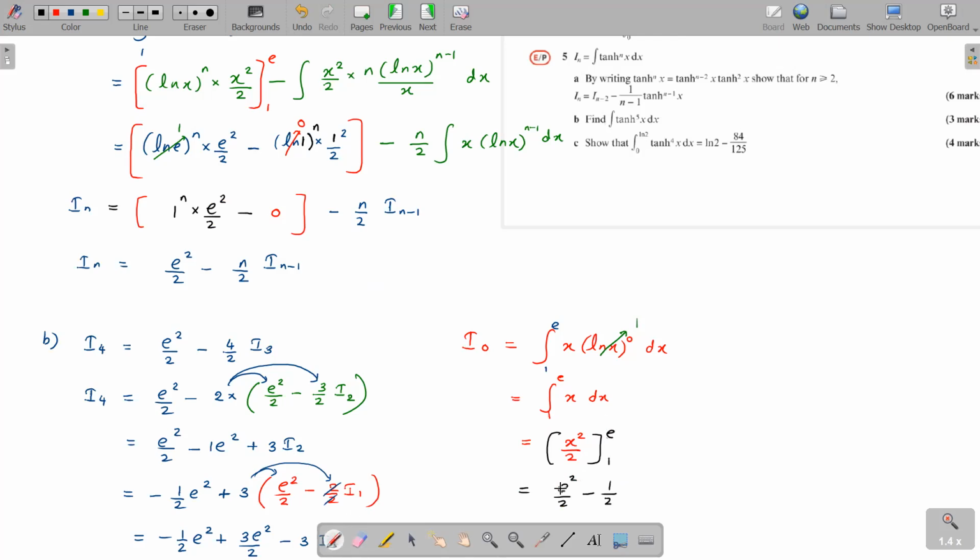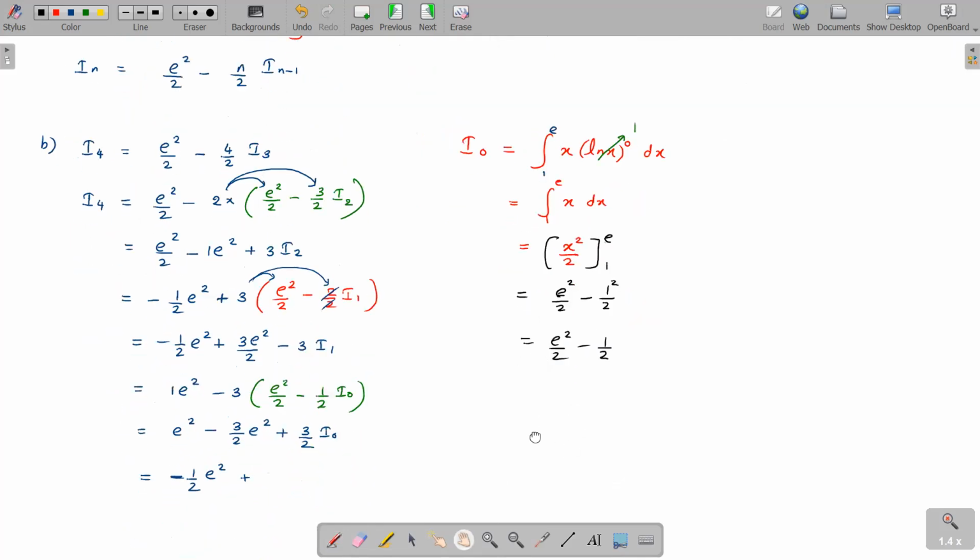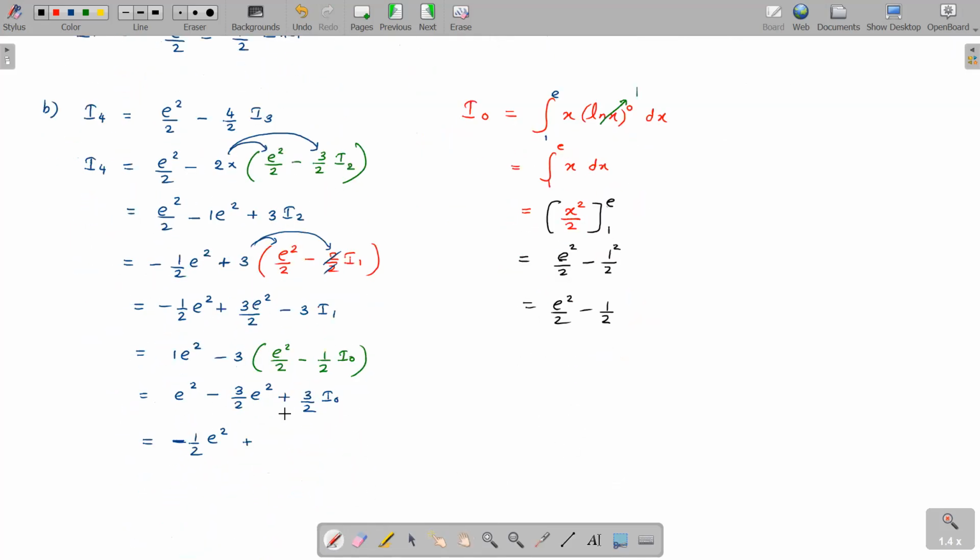So it's e square over 2 minus 1 square over 2. So basically it's e square over 2 minus half. So input the value here. This is 3 over 2 times the I0 value, which is e square over 2 minus half. Open the bracket.